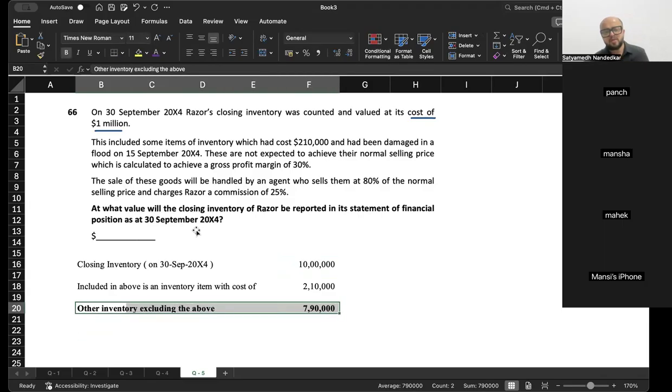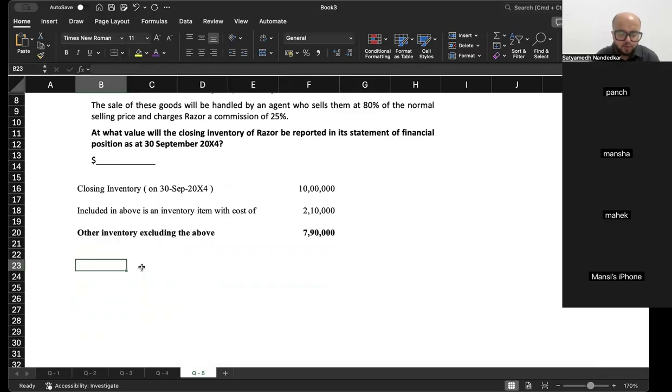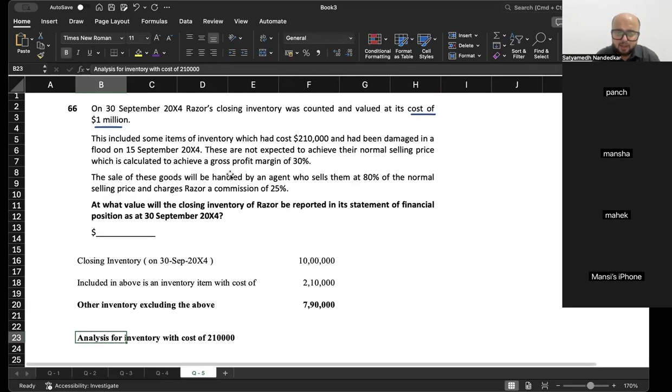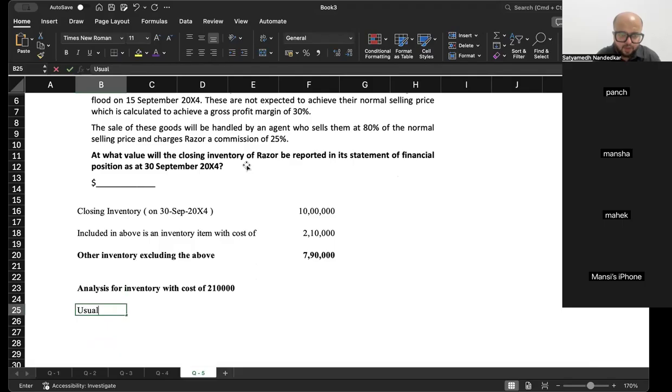Now let's talk about this 2,10,000. These are not expected to achieve their normal selling price, which is calculated to achieve a gross profit margin of 30%. So this is analysis for inventory with cost of 2,10,000. There, what is the plan? Usual gross profit margin is 30%.